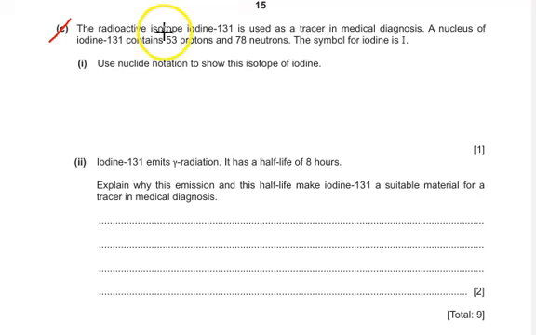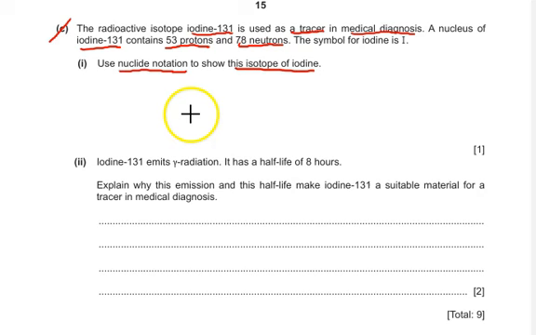Okay, the radioactive isotope iodine 131 is used as a tracer in medical diagnosis. A nucleus of iodine 131 contains 53 protons and 78 neutrons. The symbol for iodine is I. So use nuclide notation to show this isotope of iodine.